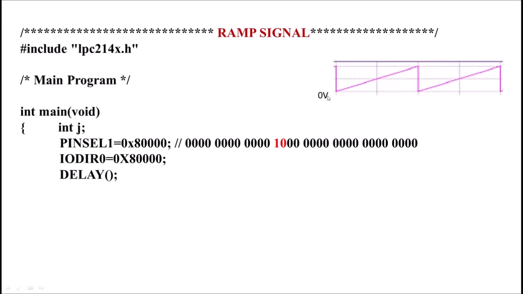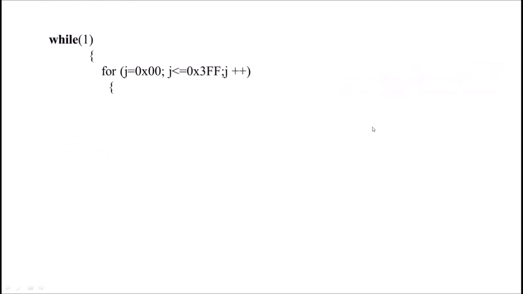So we'll first send logic 0 and increment it continuously till it becomes 3FFH. After that we'll again repeat this cycle, so for that we are writing the program in a while loop. Here I have initialized j with 0 and I am going to increment it up to value 3FF. So here j++.